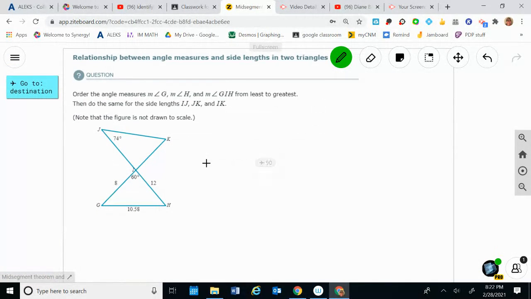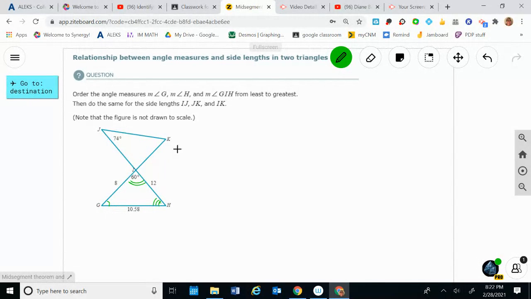Same thing, but now you have to figure things out by looking at it. These two are vertical angles. I haven't even looked at what we're supposed to be doing, I'm just looking at this and starting to figure it out. It says order the angle measures: measure G, measure H, and measure GIH, from least to greatest.